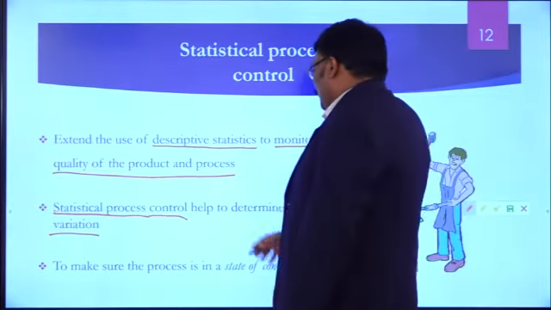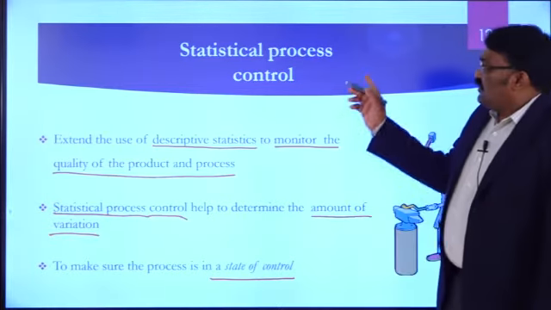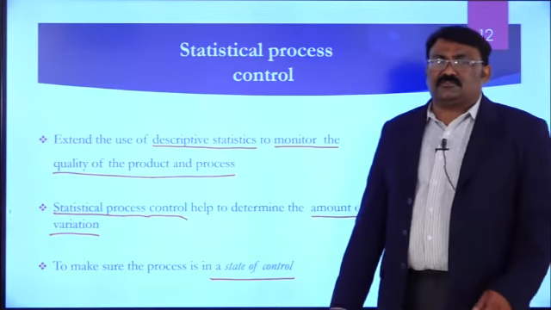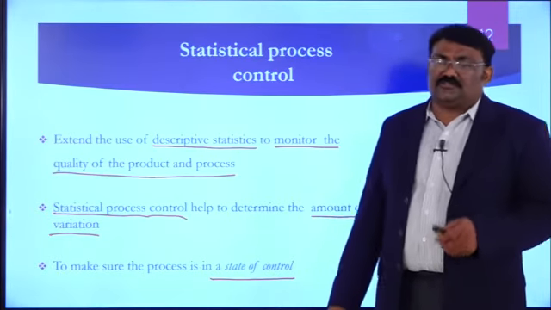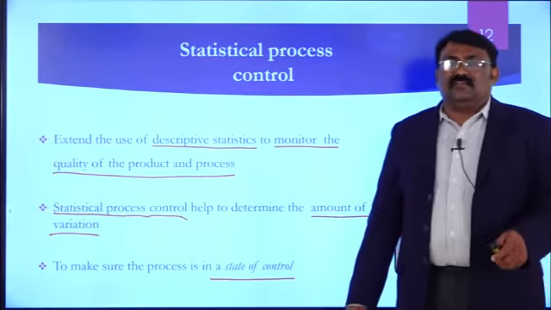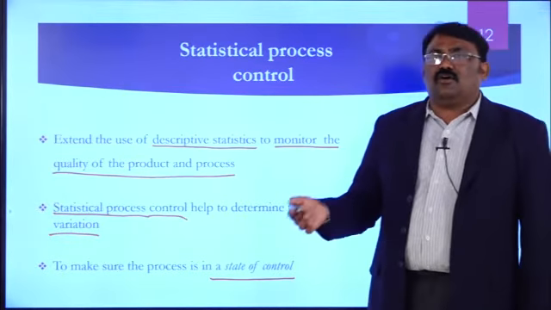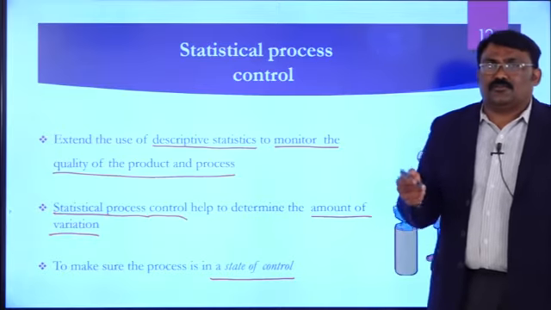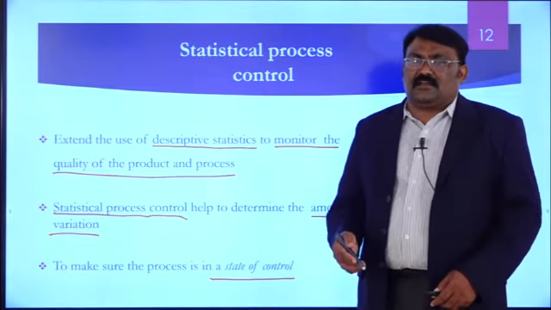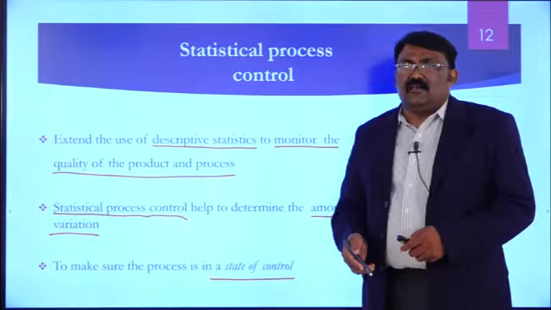Next, to make sure that the process is in a state of control, statistical process control provides measures to see that the process through which we are producing the product is under control, because manually checking all the products is not feasible. Because manual checking becomes difficult, we would not be able to have better control.